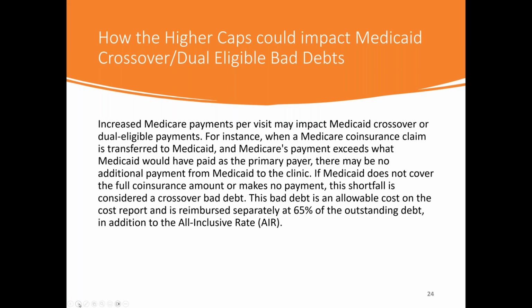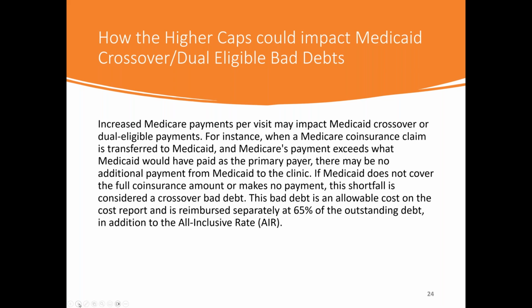And again, every state is different, so look at your state plan and what your state is doing. But in a lot of states, when it crosses over, it will look at how much Medicare paid. If Medicare is now paying you $109 a visit and your Medicaid rate is $102, the state will say, well, you've already received more than we would have paid you if Medicaid was primary, so we're not going to pay you anything.